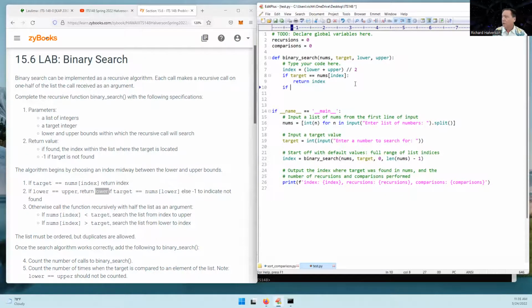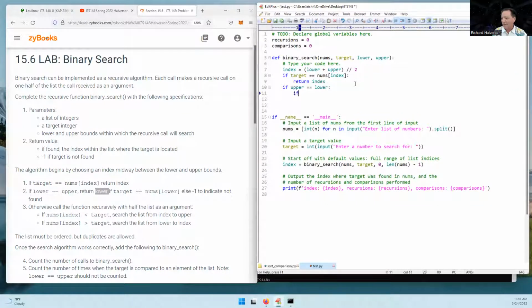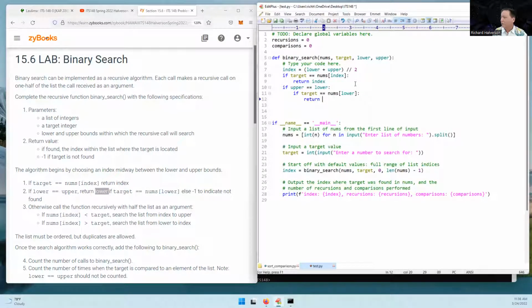If upper equals lower, then if target equals nums[lower], then return lower.